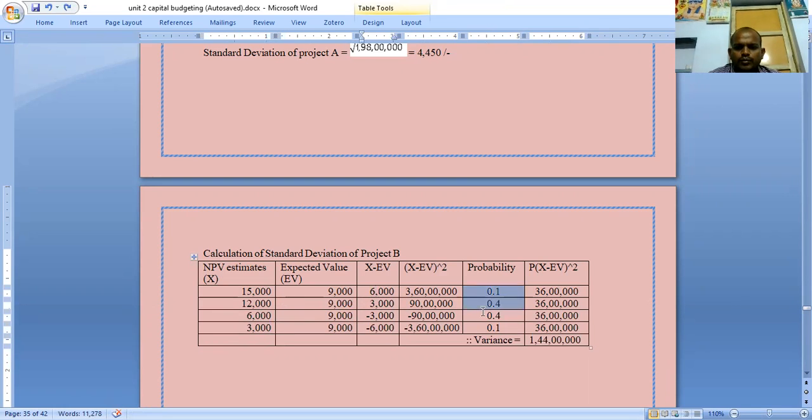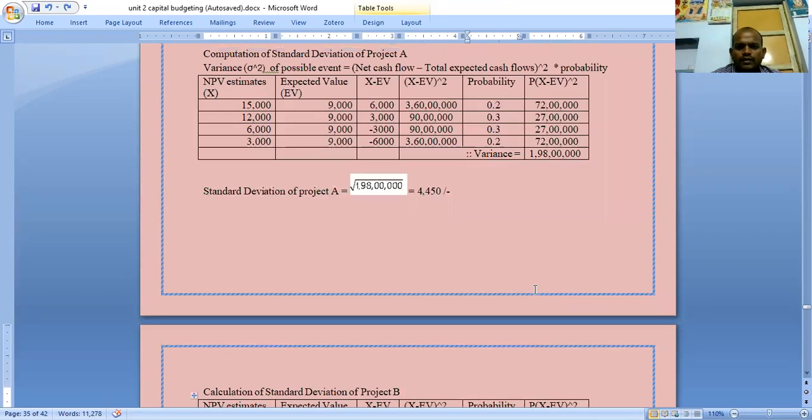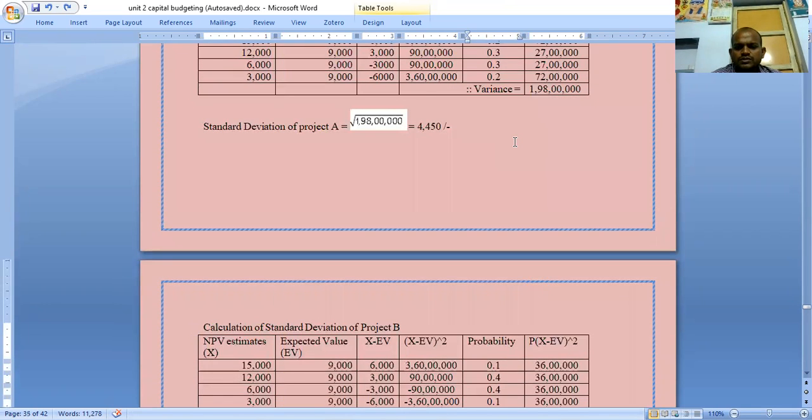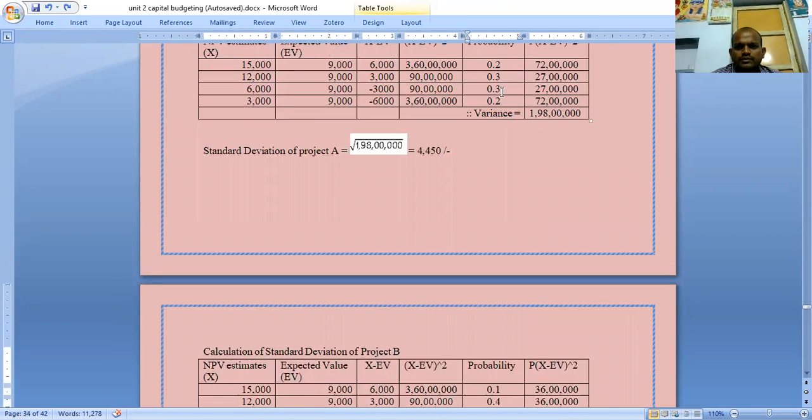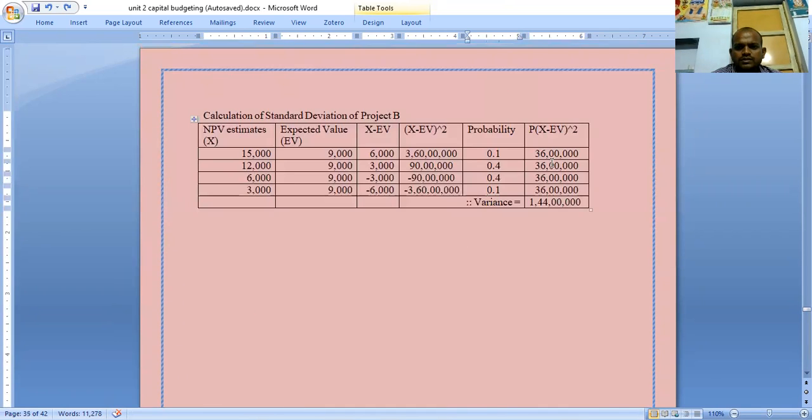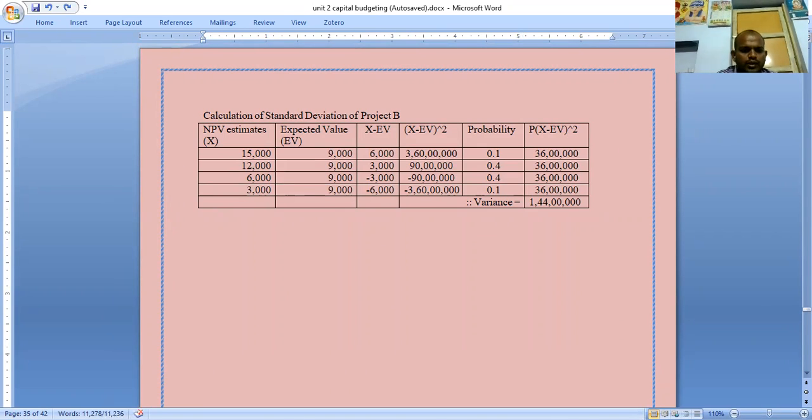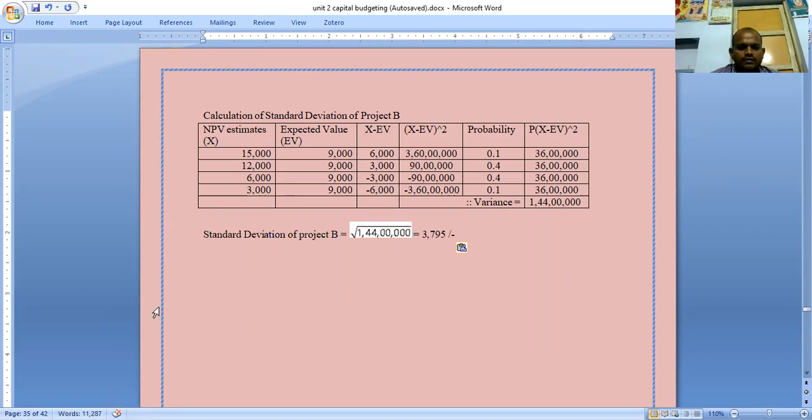So only probability differs here. That's why values get changed. See, only probability is the difference in both cases. So variance will be 1 crore 44 lakhs. So the standard deviation of project B is root of 1 crore 44 lakhs. It comes around 3,795.